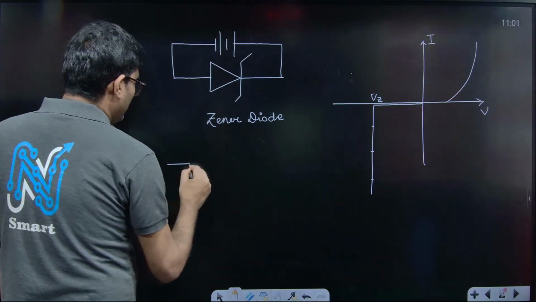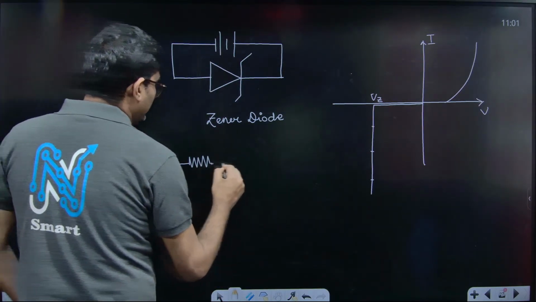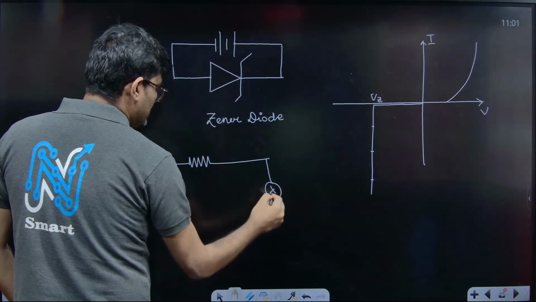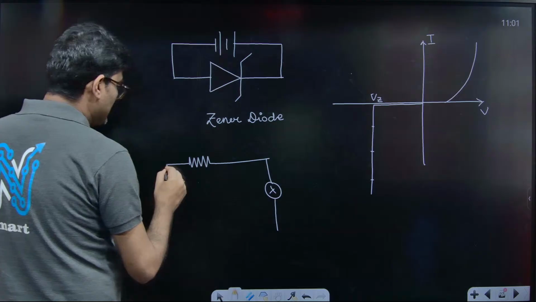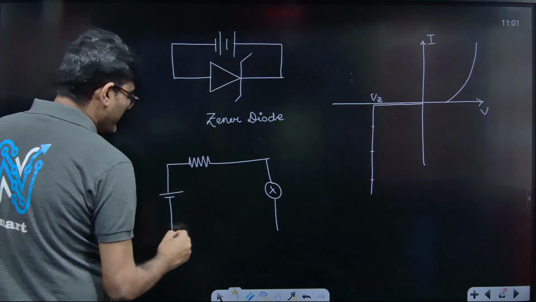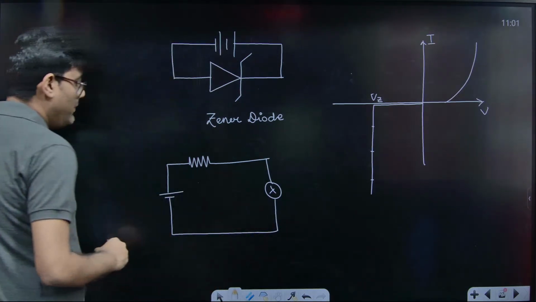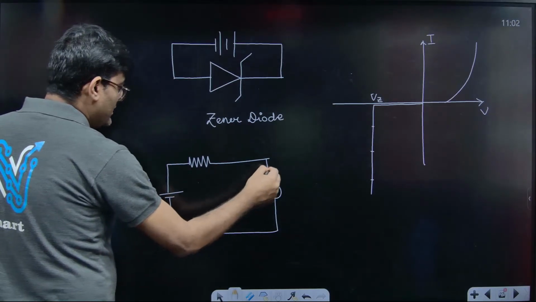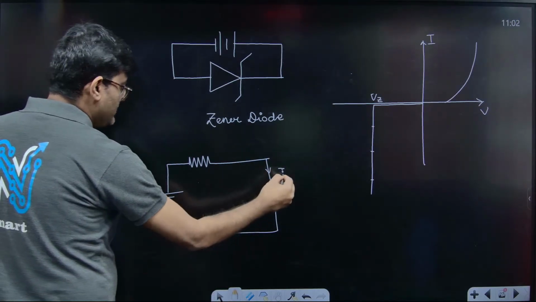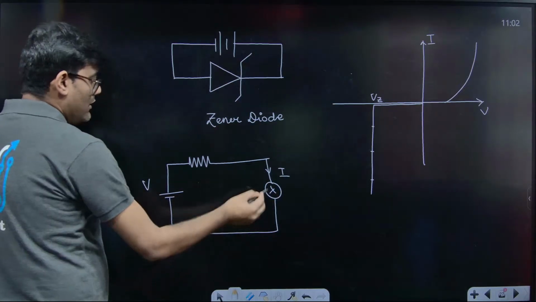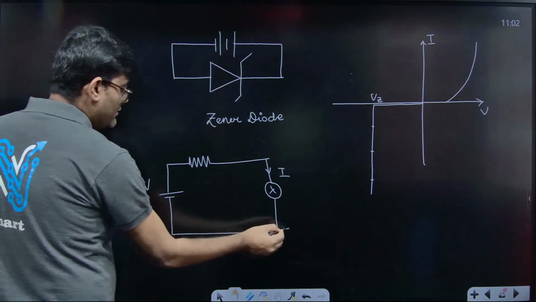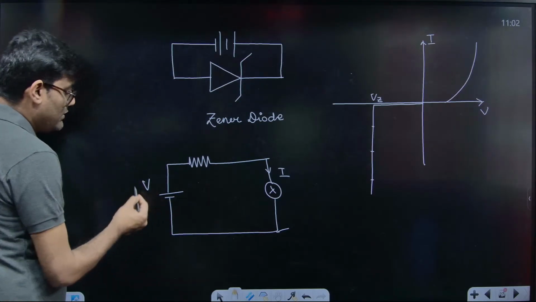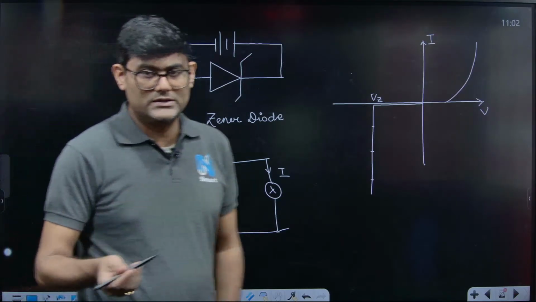So let us see this Zener diode in a circuit. If we have an electrical circuit like this, suppose this is our electrical appliance and I want to supply power to this appliance. But this source supplies constant electrical current or constant power to this device only if the source voltage does not fluctuate.